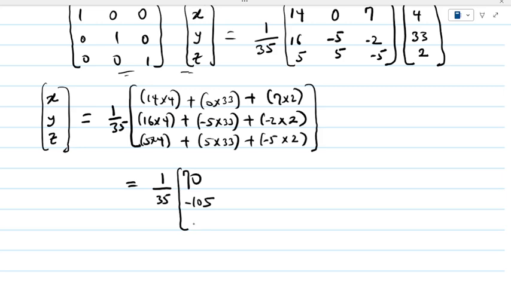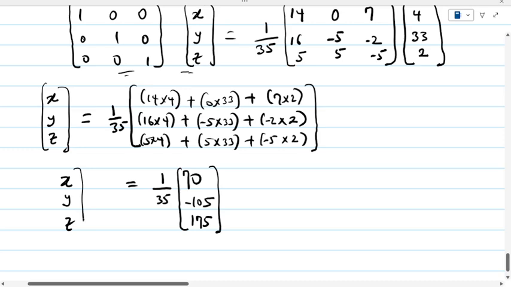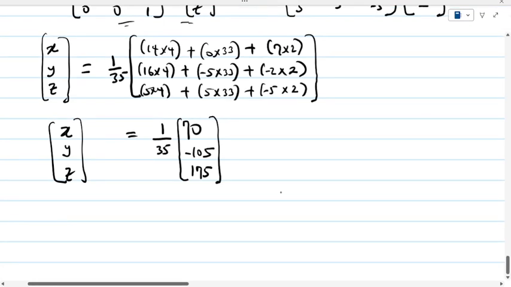So if we sum it together, we have 175. x, y, z. So if we use that 35 to open the bracket, 70 divided by 35, we have 2. Minus 105 divided by 35, we have minus 3. And 175 divided by 35, we have 5.